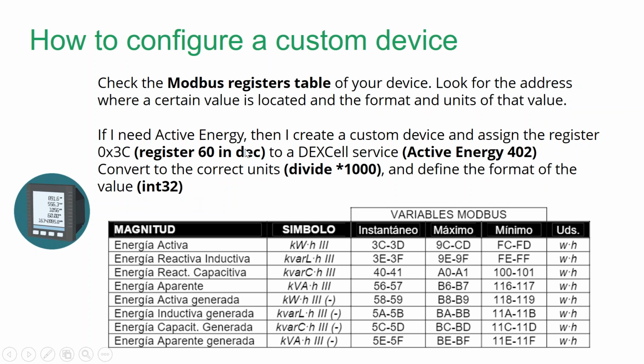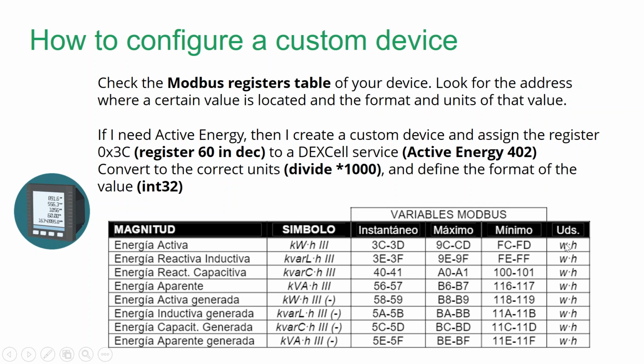This is a table that I have copied from a device manual. It says active energy, and the manual says that active energy is placed in a register, the 3C. This is the instant one, the one I want to read, and it has units of watt hour.